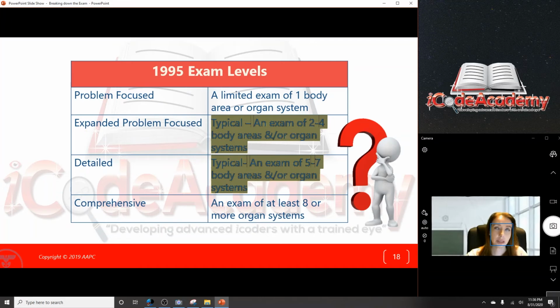The reason that I skipped over these initially and I put typical there is depending on the organization or the region that you work for, their guidelines on expanded problem focus and detail may be a little askew. For the purpose of this video and discussion, we are going to go with 2 to 4 and 5 to 7 because that's generally the norm across the board. But again, as a coder, let's make sure we're double checking the rules and regulations in the area and the system that we work for and making sure we're cognizant of that.